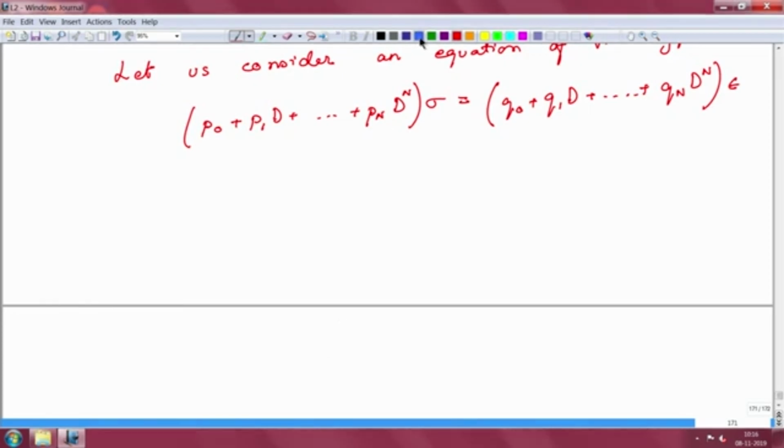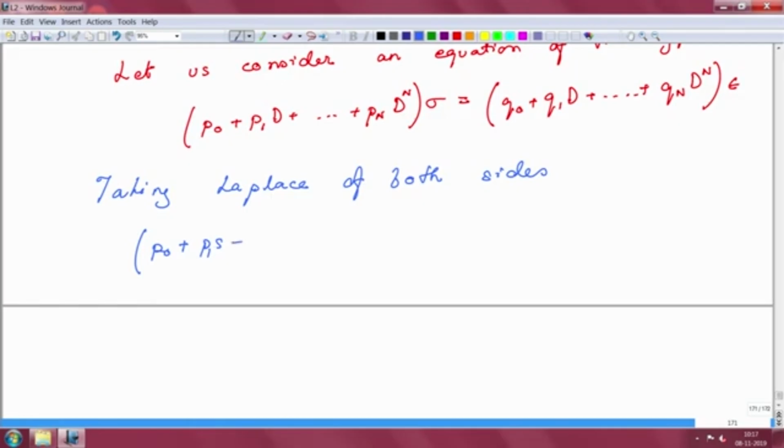So, taking Laplace of both sides, you have P 0 plus, for every differential operator, one s. This is going to be very nice for us, because for the nth power of the differential operator, you will have s to the power of n sigma.